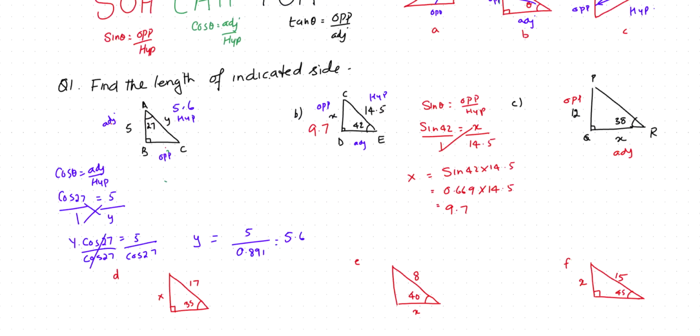So we can write tan 38 equals opposite, which is 12, over adjacent, which is x. To solve for x, cross multiply. So x times tan 38 equals 12 times 1, which is 12. So divide by tan 38 on both sides.